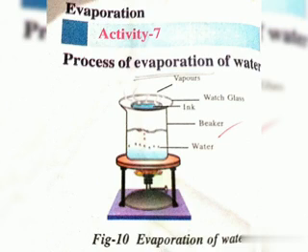We observe that some fumes are coming out from the watch glass. Continue heating till you do not observe any further change. A small residue will remain on the watch glass, which is the dye present in the ink. We know that ink is a mixture of dye in water.